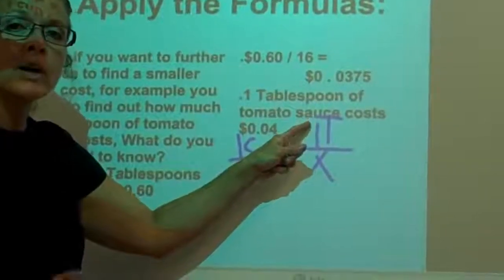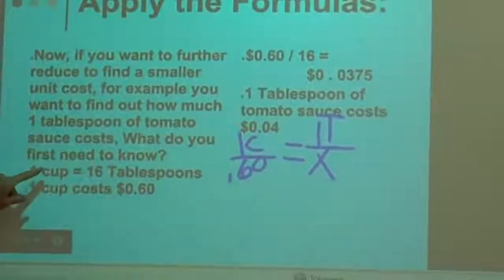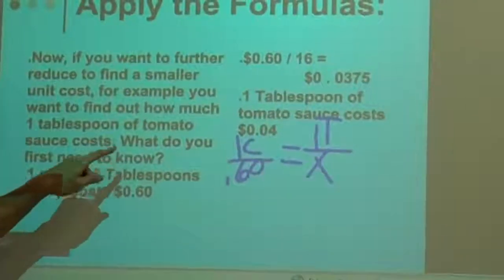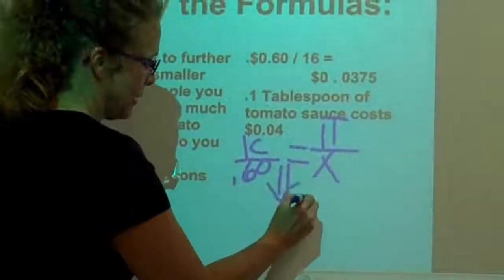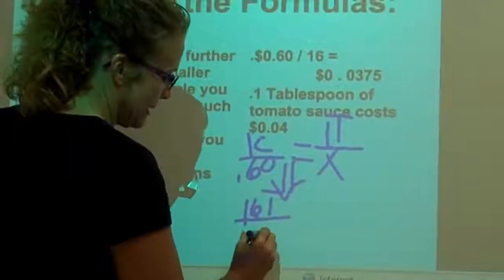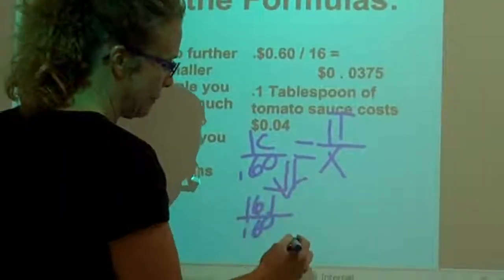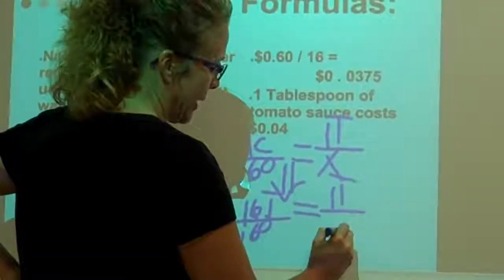So this problem will not give you a correct answer. So what do we know? If we come back over here, we know that 1 cup equals 16 tablespoons. So now we can change this, and we'll just draw an arrow, and we'll put 16 tablespoons equals 60 cents, and it's kind of hard to read that capital T. And now we have our 1 tablespoon over x.